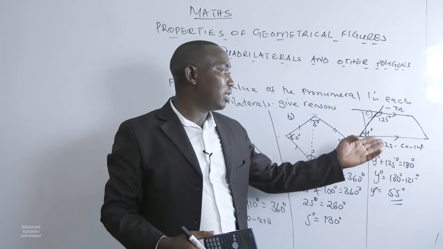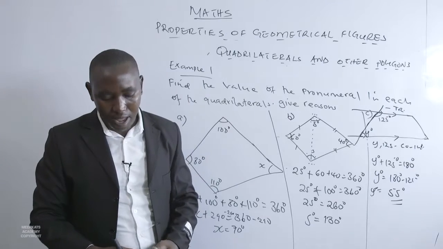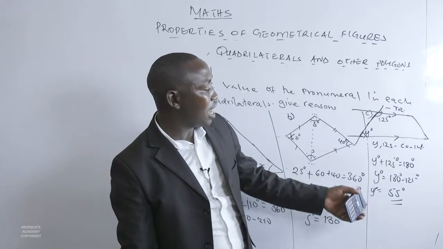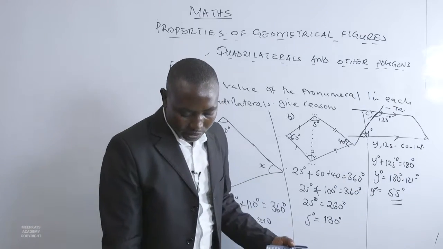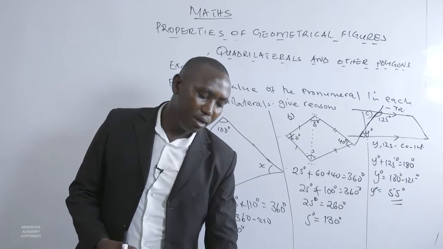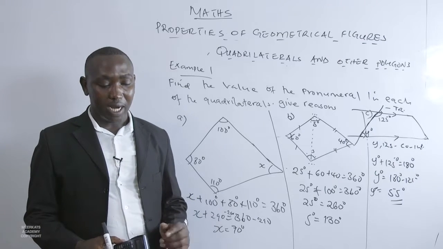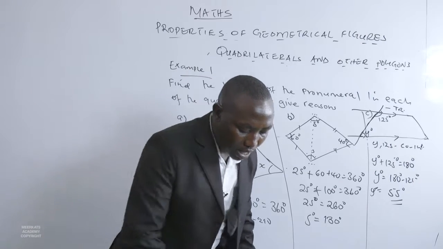And once you have gotten this, you can now get the other angle. So the reason here is that co-interior angles of parallel lines normally add up to 180 degrees.